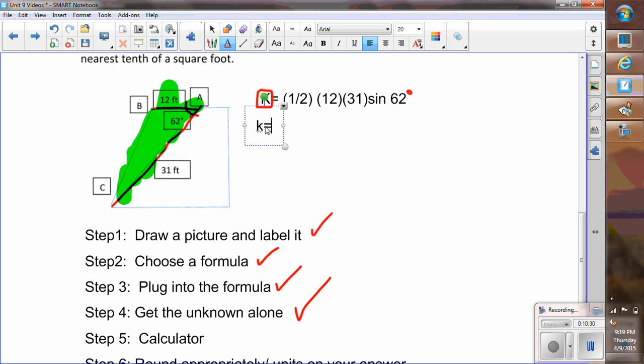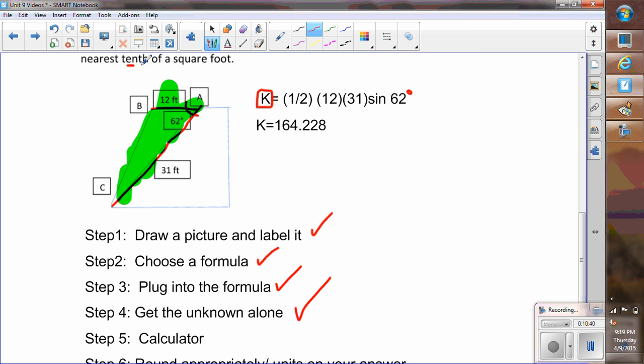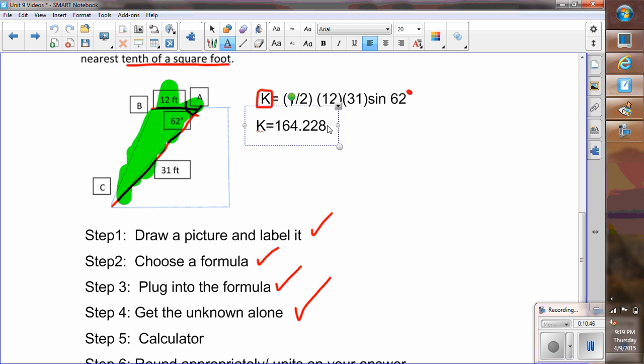K is equal to 164.228. Go back and read the question. It wants us to go to the nearest tenth of a square foot. So K is equal to 164.2 feet squared.